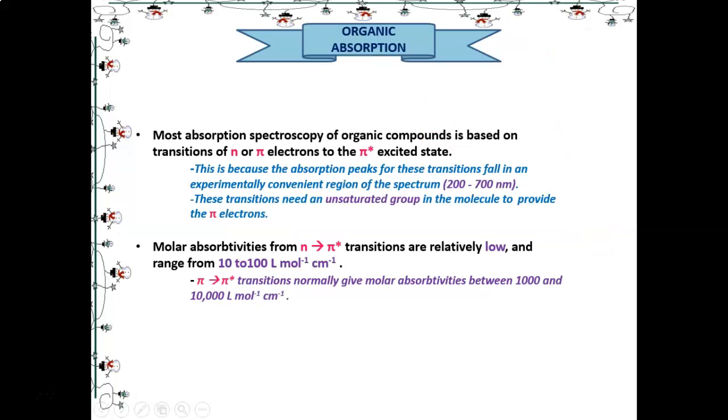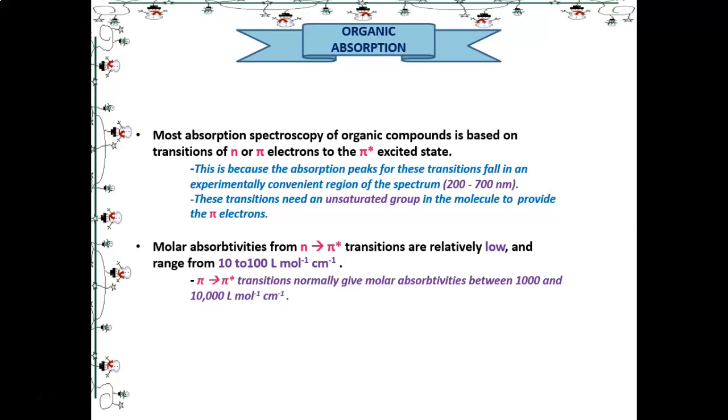Most absorption spectroscopy of organic compounds is based on the transition of lone pair and pi electrons to the pi star excited state. This is because the absorption peaks for this transition fall in an experimentally convenient region of the spectrum, 200 to 700 nanometers.